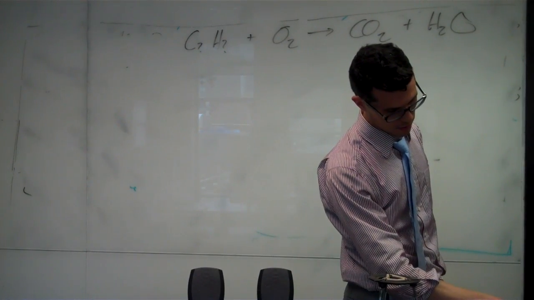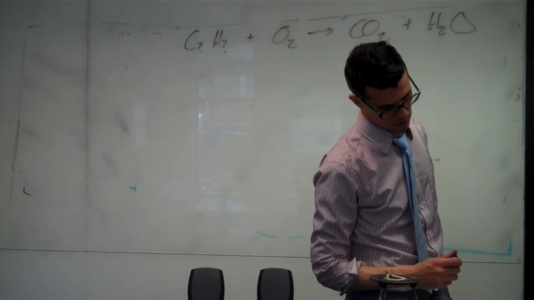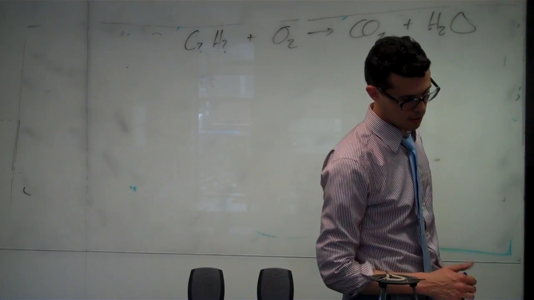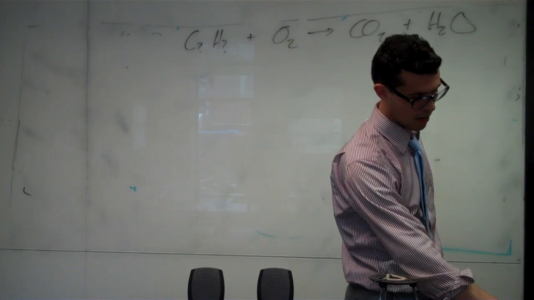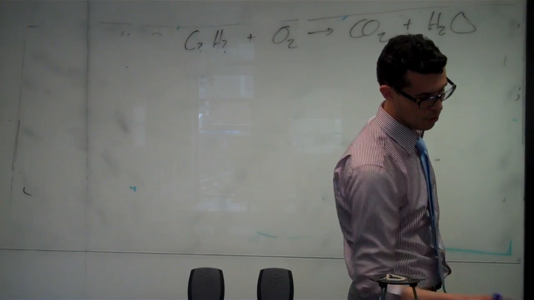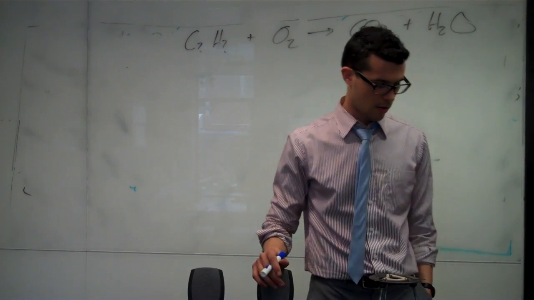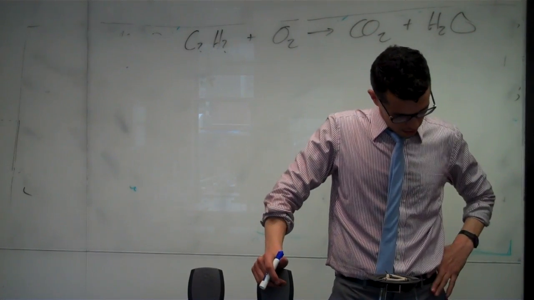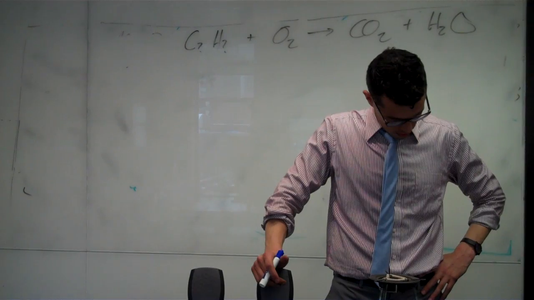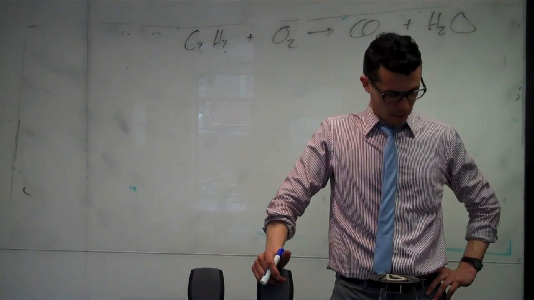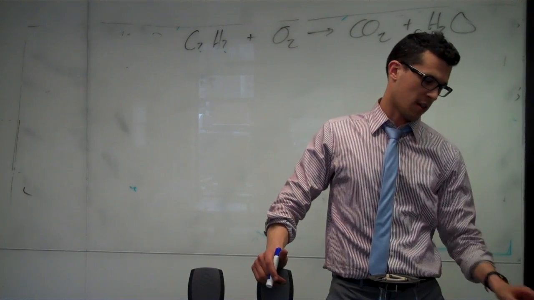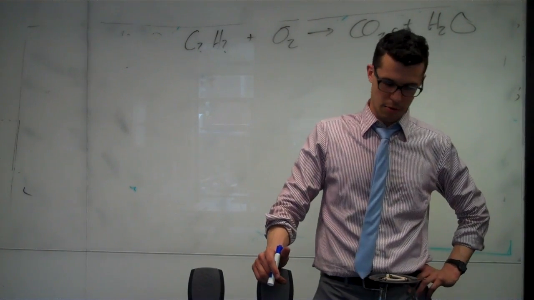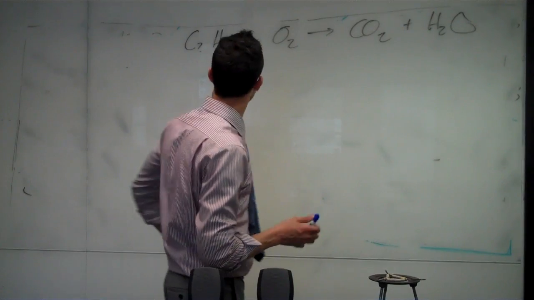Then you do times the grams of the excess reactant, so that's the molar mass of the excess reactant over one mole. Now that's going to give you the amount that's actually been used in the experiment. And then you just subtract it. Okay. Start over.